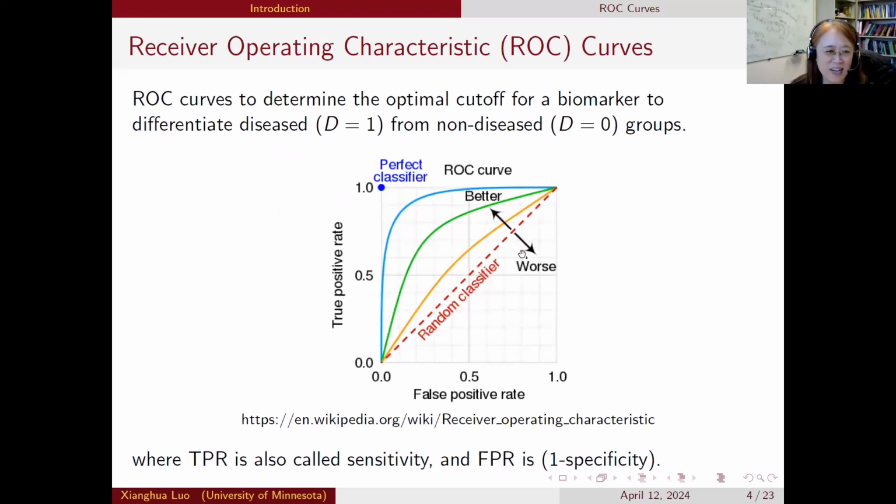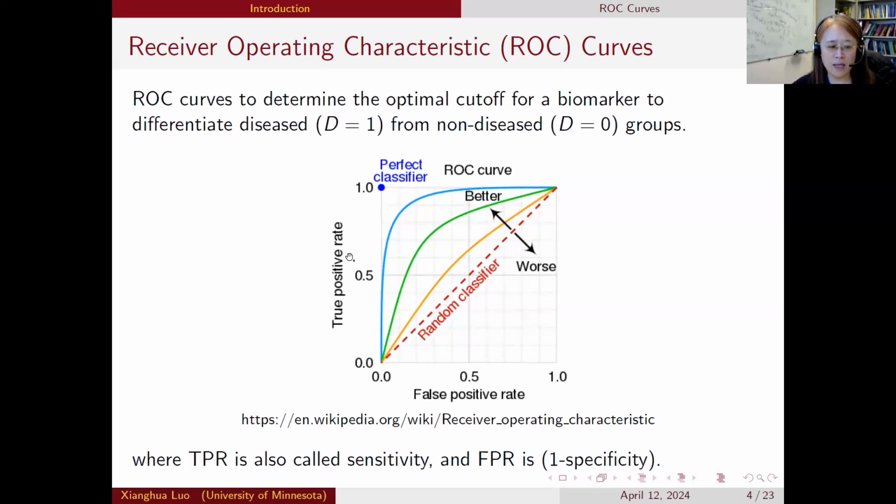So now here I want to move to something which is very familiar to people, the so-called ROC curves, receiver operating characteristic curves. Actually, at the beginning of this project, Chap called this work the ROC curve project, because what I'm going to present is pretty much motivated by the ROC curve in, say, biomarker or screening tests for patients.